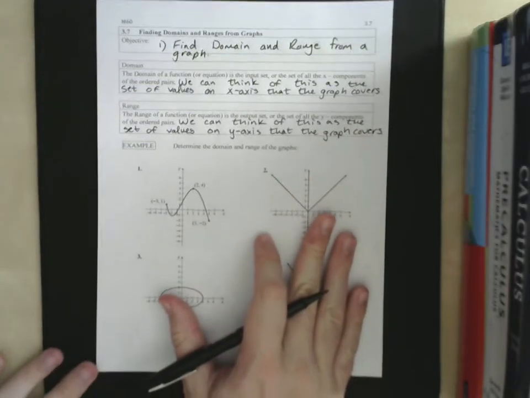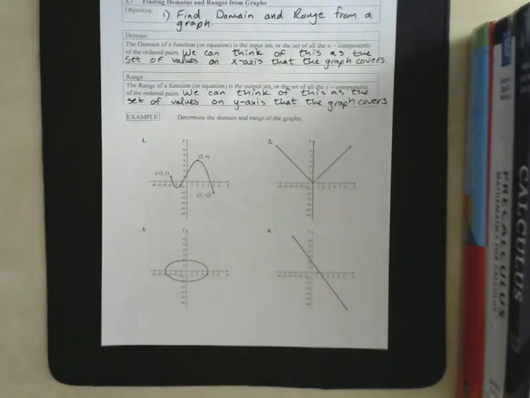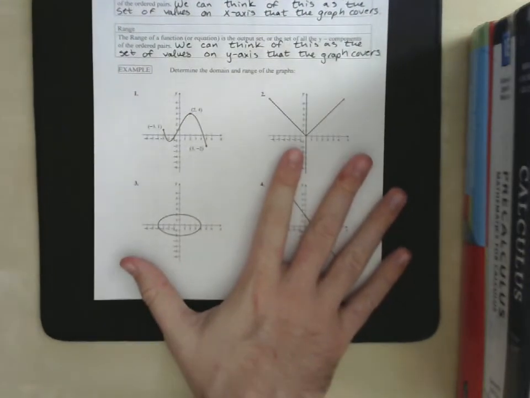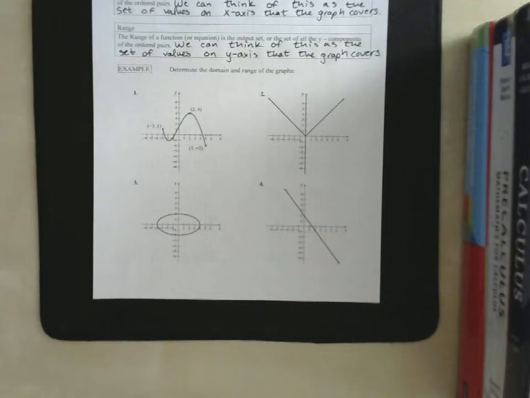So same idea for both of these. We're looking at the graph itself and how many values it covers from its smallest to its biggest. We have 4 examples to get you going on this.